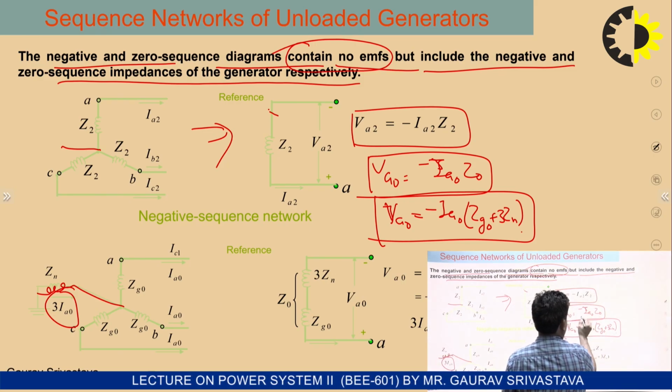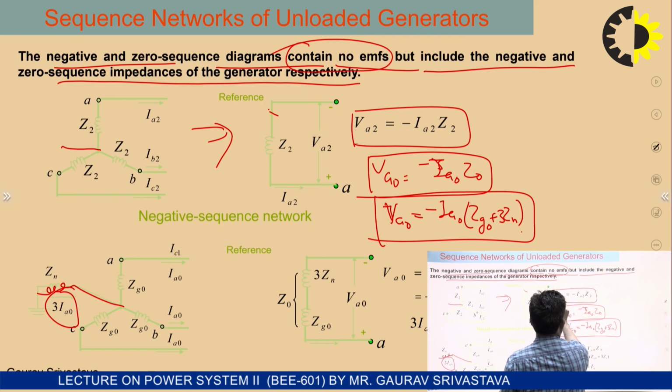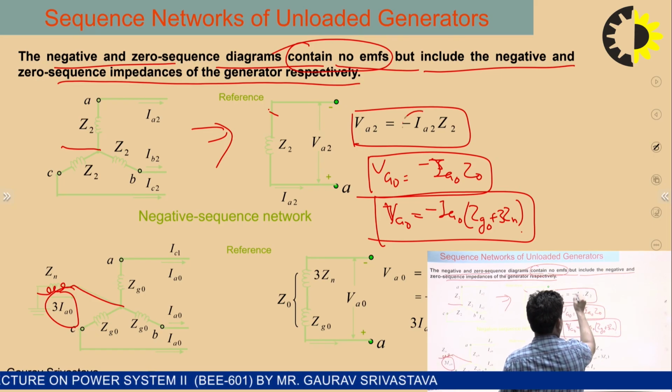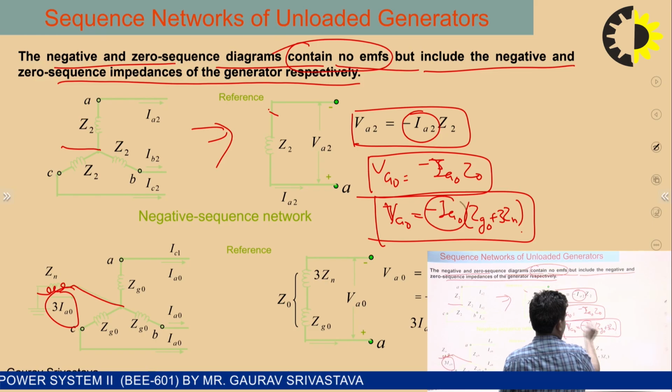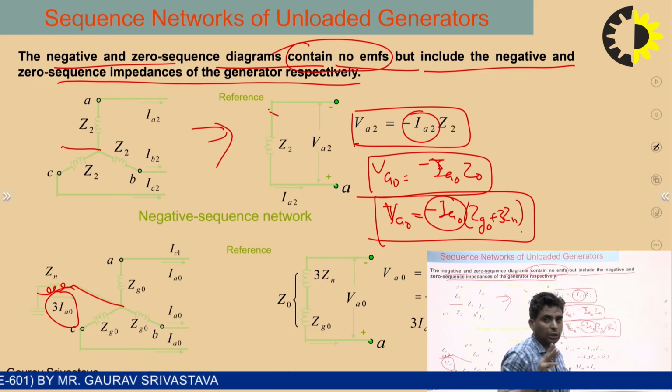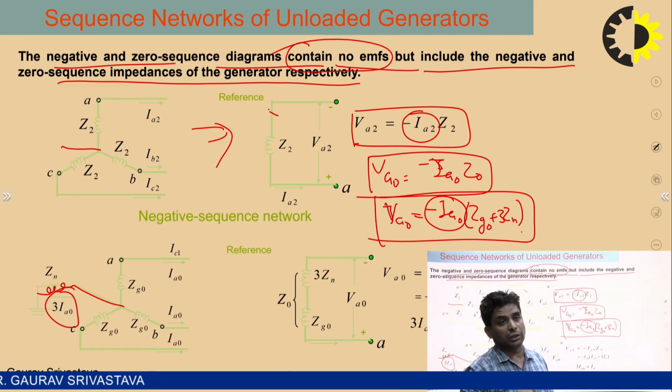So negative sequence current, zero sequence current and positive sequence current are all flowing in the circuit. All the currents are flowing in each and every circuit, but the voltage is only in the positive.